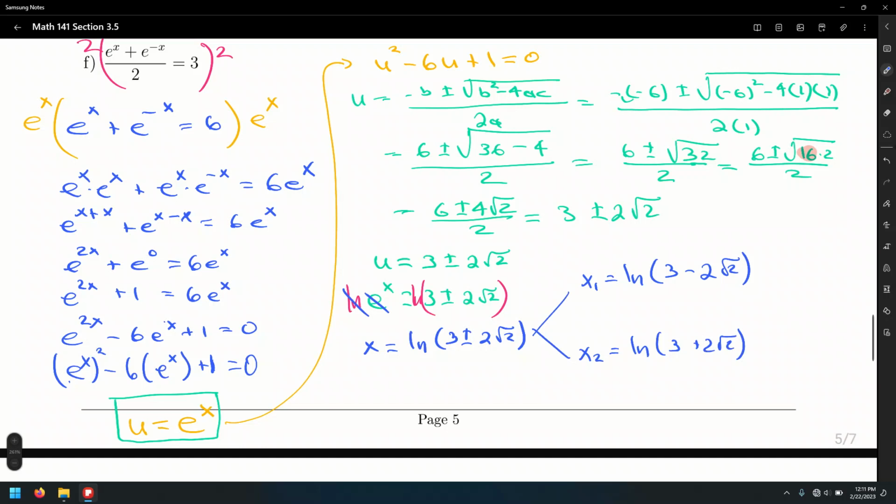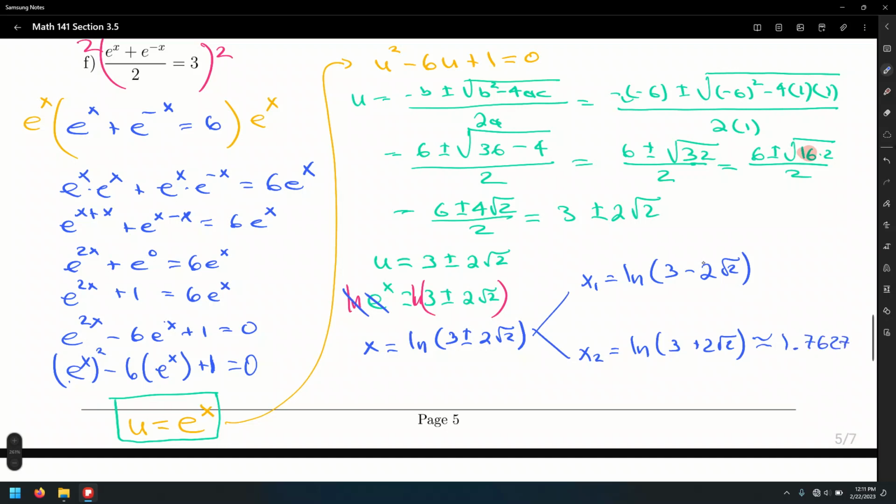Definitely that second solution is going to be an okay solution. And that's because that's a positive number plus another positive number. So that's going to be approximately 1.7627.